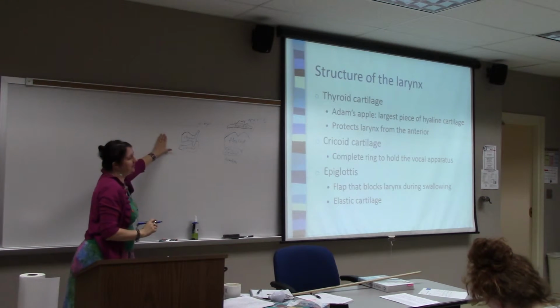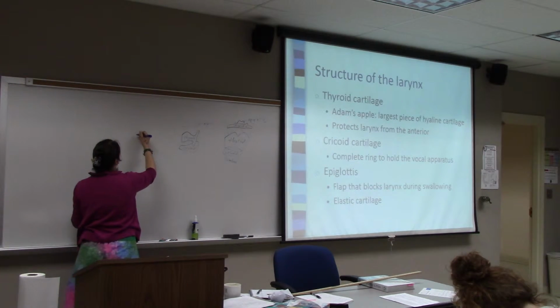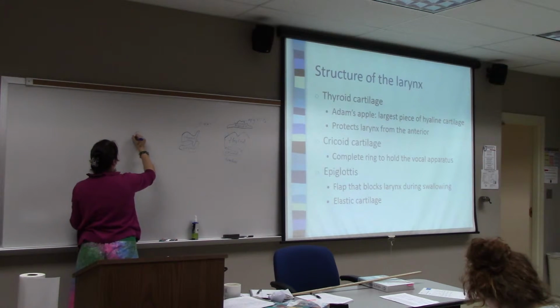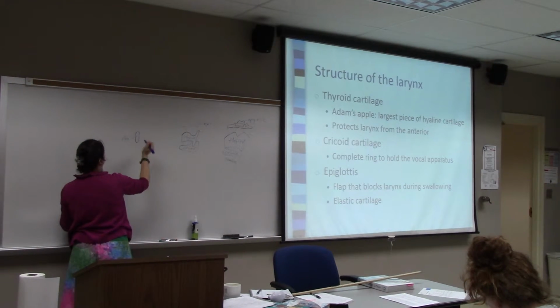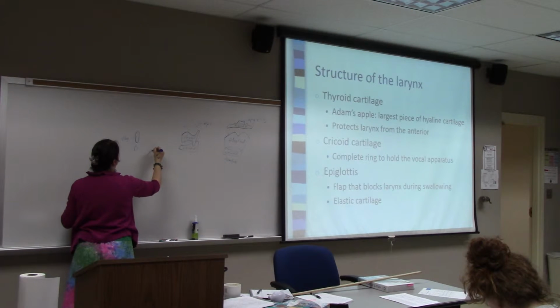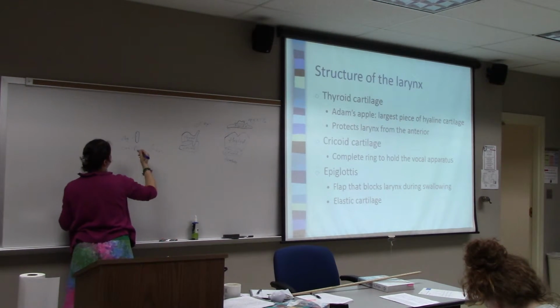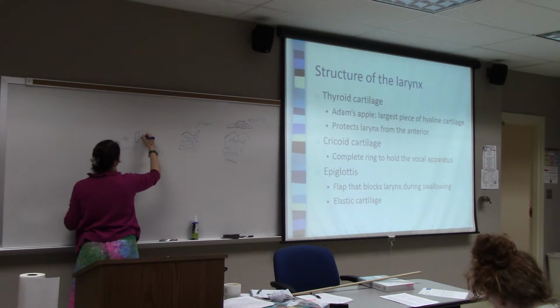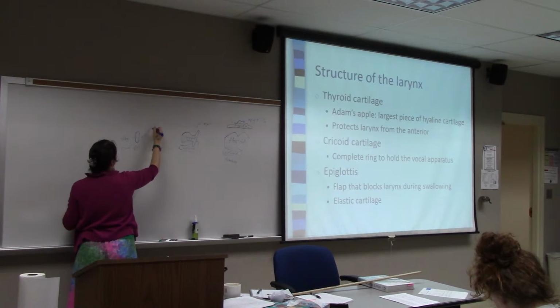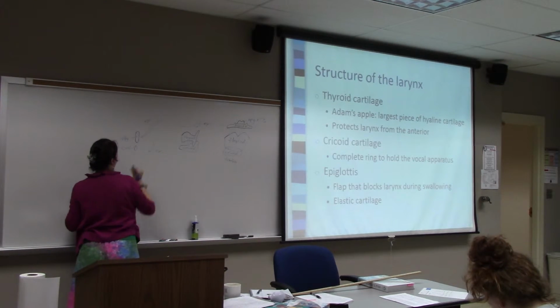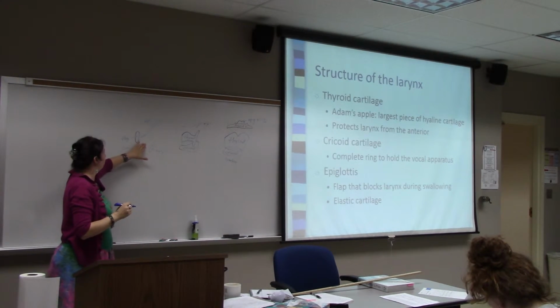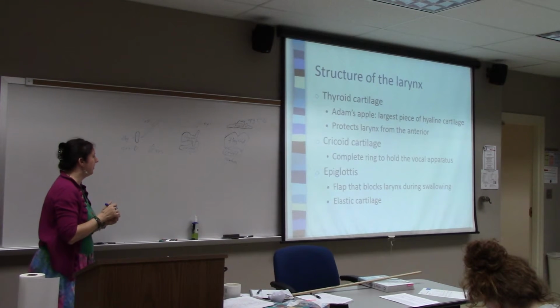And if we take a sagittal cut, you just see a little bit of the thyroid cartilage in the front, two sections of cricoid, and then the epiglottis would go something like this. And then in here is where we would have the vocal structures as well.